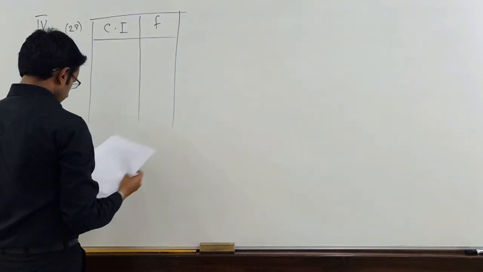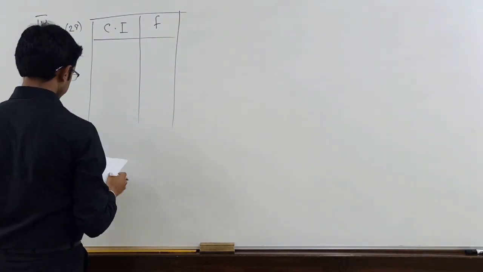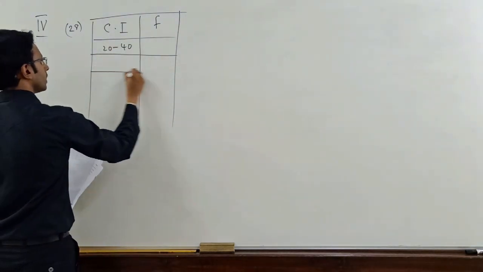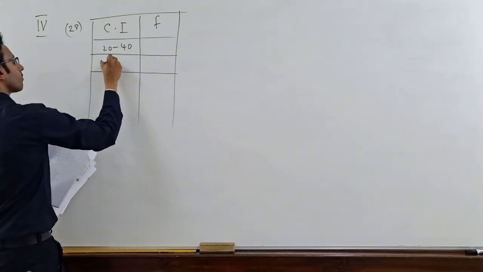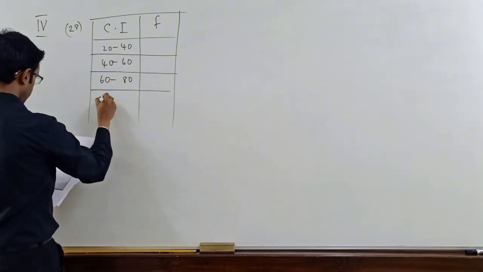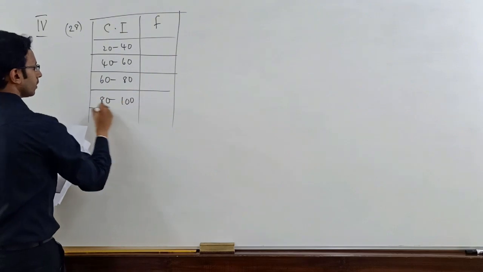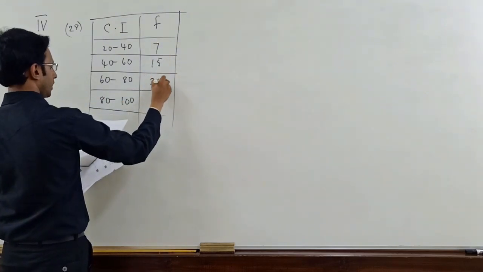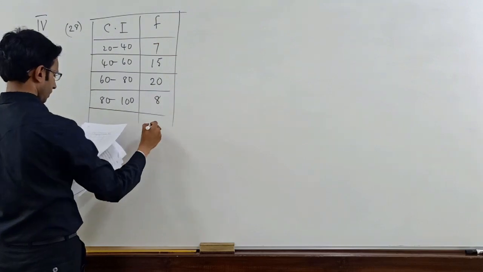The class interval is 20 to 40, then 40 to 60, 60 to 80, and 80 to 100. Frequency is 7, 15, 20, 8.